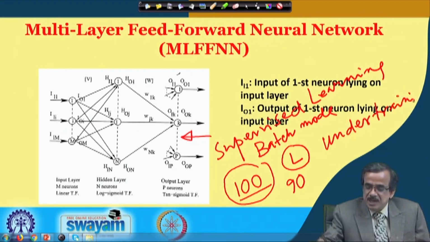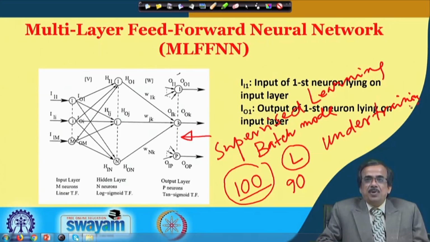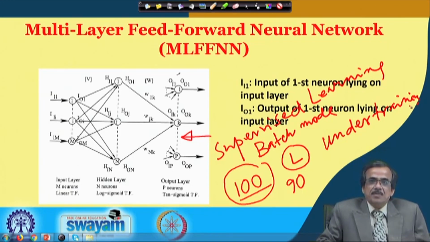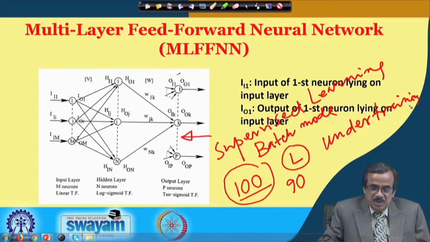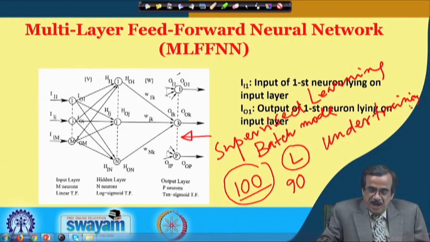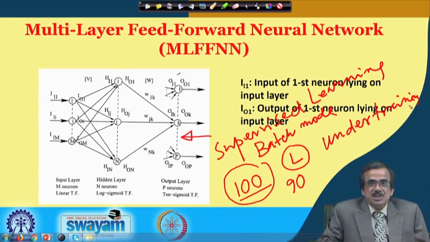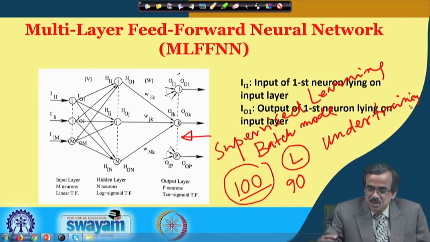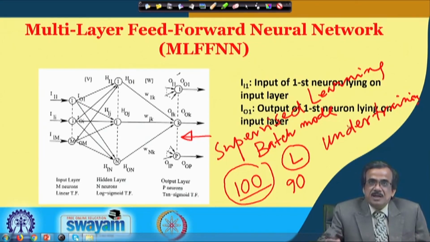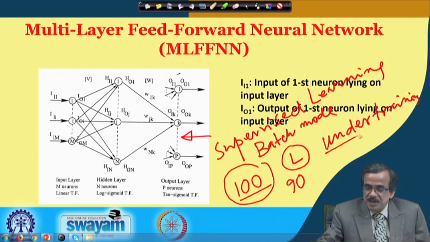That means, mathematically, supposing that I have 10 unknowns and 9 equations, we cannot solve it mathematically. The same thing is true here. If I have a smaller number of training scenarios compared to the number of unknowns, this will be a clear example of under training.